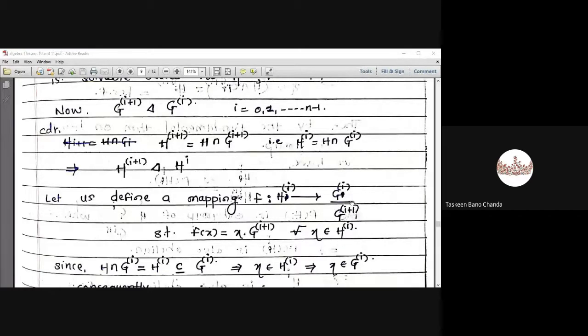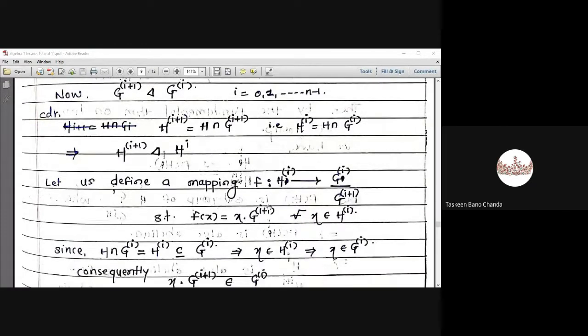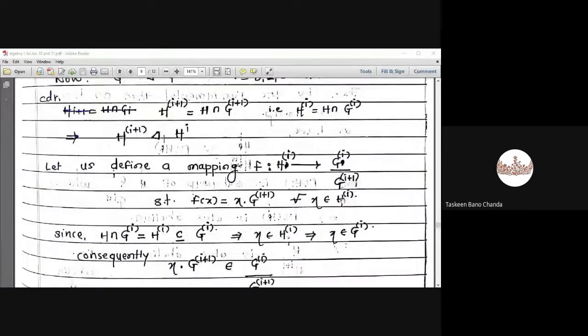If this is abelian, then it must be abelian. But for that, what will we have to prove? The mapping must be isomorphic. Okay, such that we define a mapping f from H raised to i to G raised to i upon G raised to i plus 1 such that f of x is equal to x into G raised to i plus 1 for all x belonging to Hi. Okay, where will x come from?